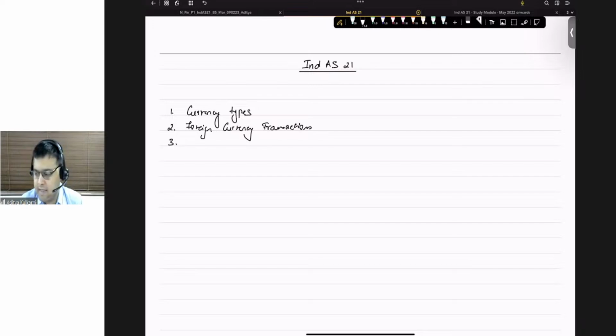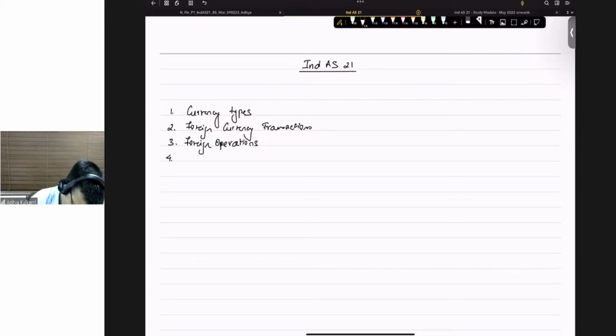Then you move on to the third one, that is foreign operations. If you remember, in AS11, you would have studied foreign operations, conversion of a branch trial balance situated outside India to INR. Okay, this was there at least when we had studied the intermediate. So I think you also had it probably.